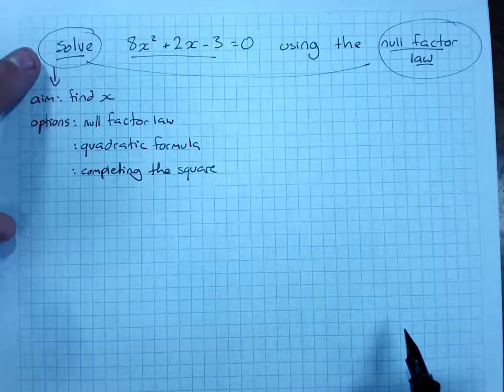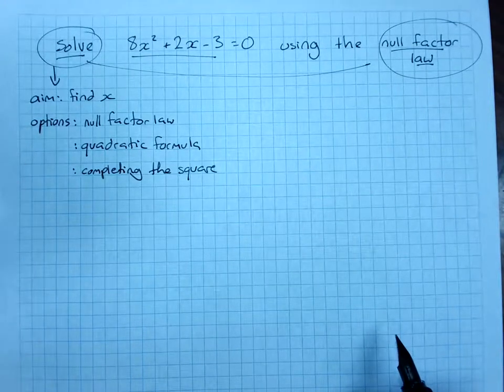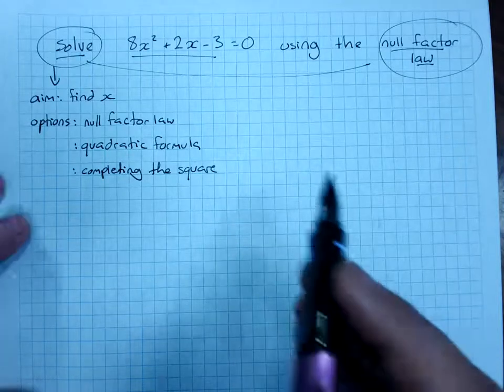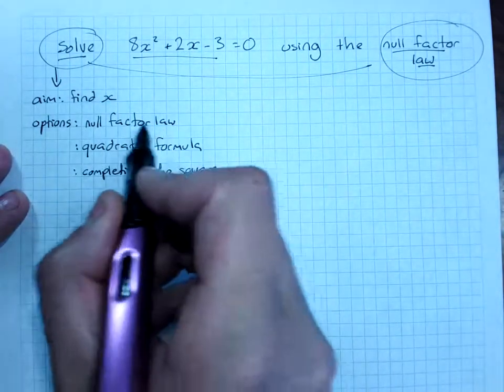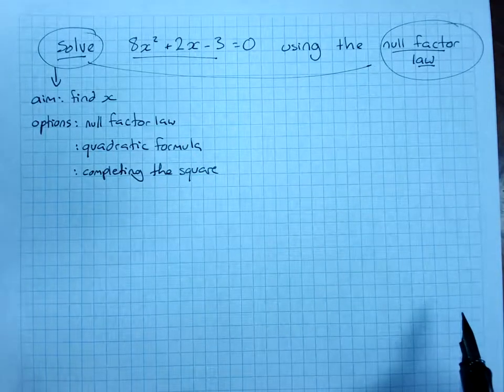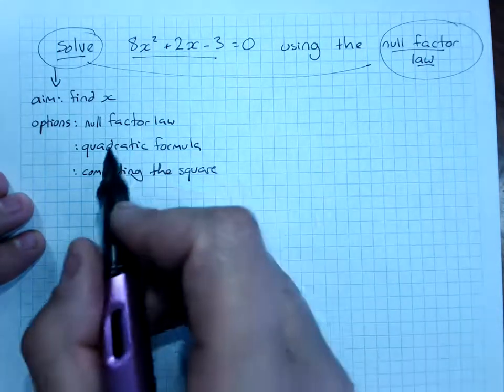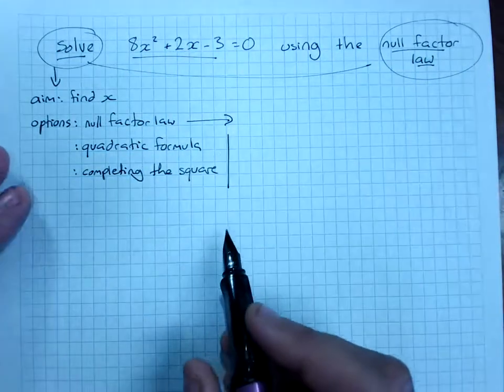So, they want you to solve, we want to find x, these are our options. Here they've said use the null factor law, and in fact, if it's possible, you would use the null factor law because it's the easiest. So, to use the null factor law, we're not going to use these two.